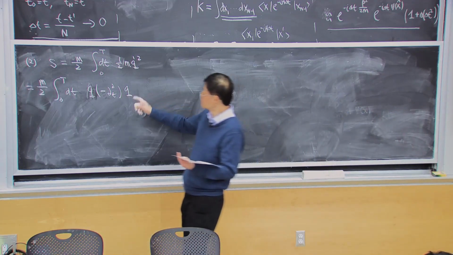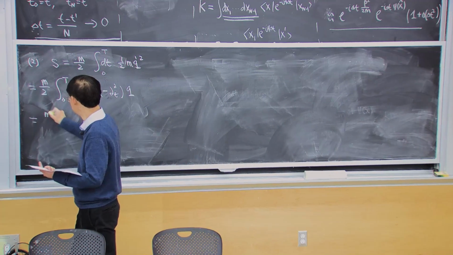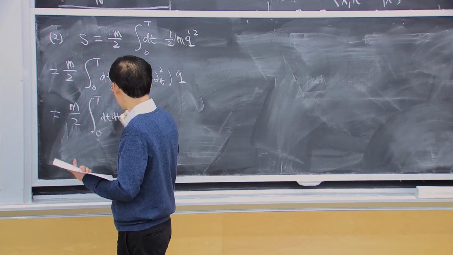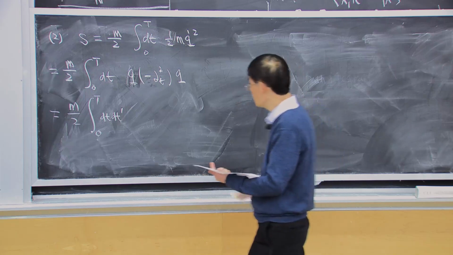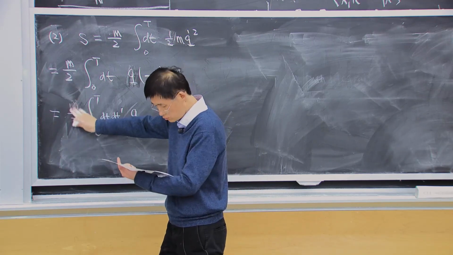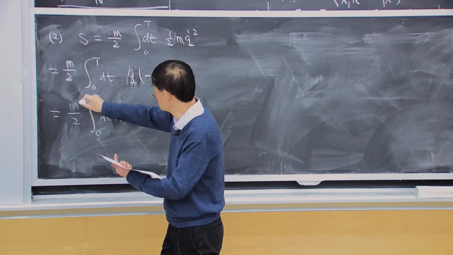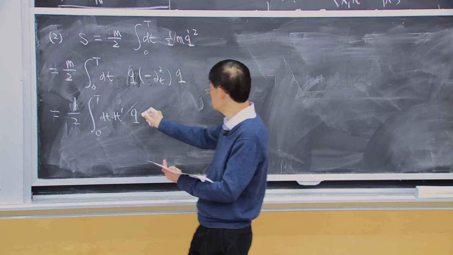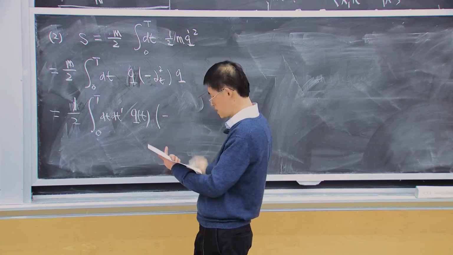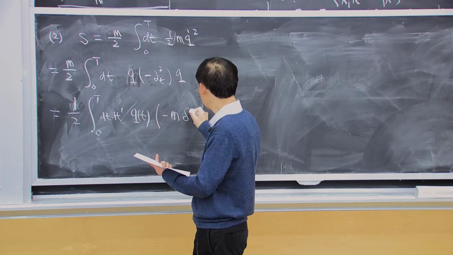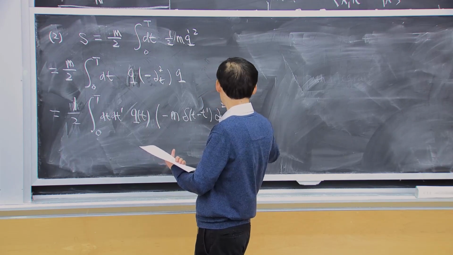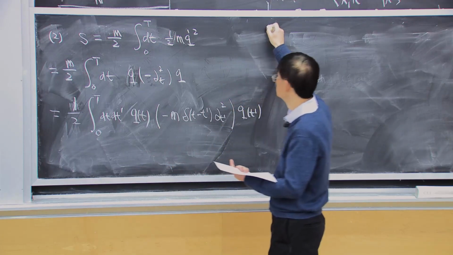So now I'm going to write this expression a little bit further. I'm going to introduce t and t prime. I write it as 1/2 q(t) times minus m delta(t minus t prime) partial t prime square q(t prime).